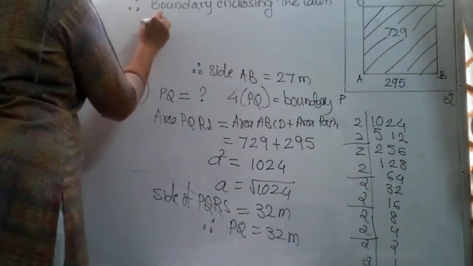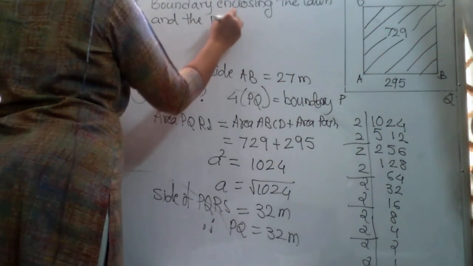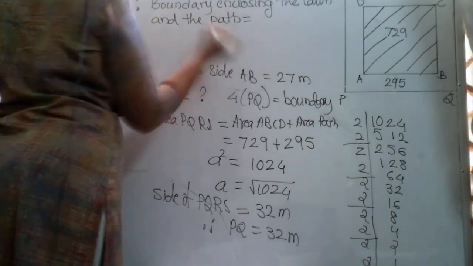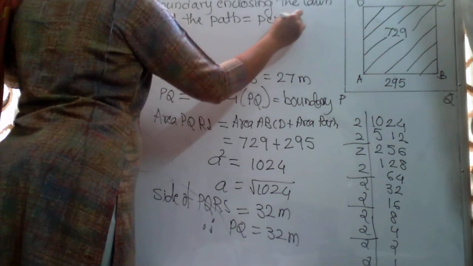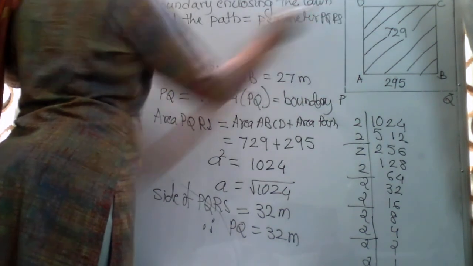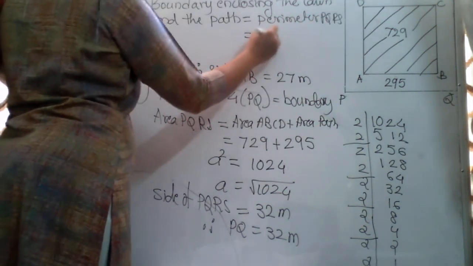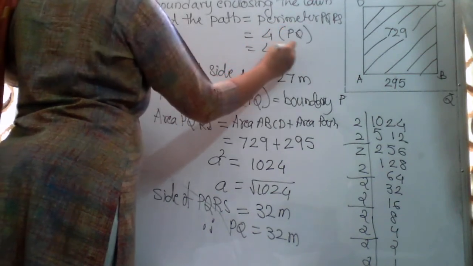The lawn and the path is nothing but what? The perimeter of PQRS. So how do you find the perimeter of PQRS? 4 times PQ, that is equal to 4 times 32.